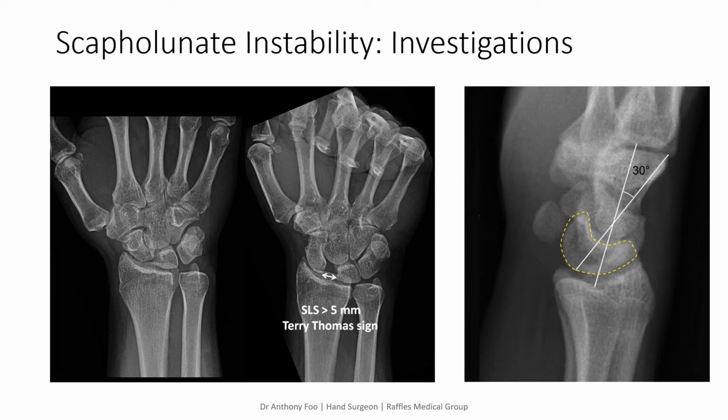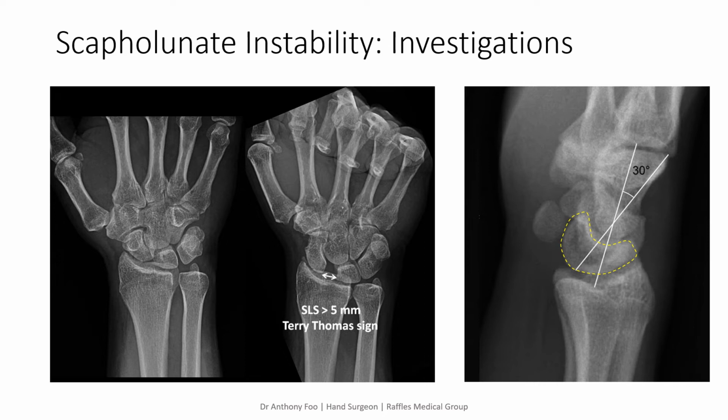On the lateral side view of the X-rays, look out for DISI deformities. What that implies is that the lunate goes into extension relative to the radius, and the capitate goes into flexion relative to the lunate.